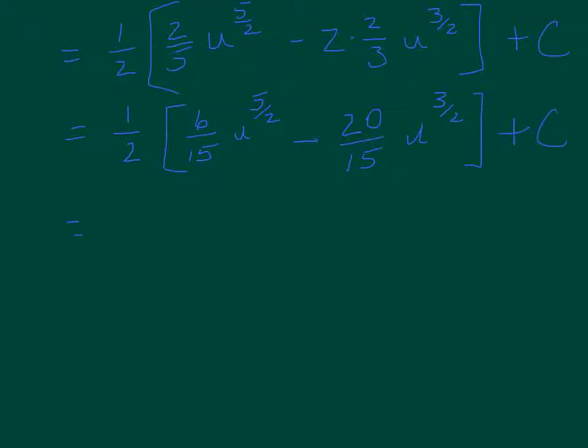Now it's easier to see what's in common. So in common here we will have 2/15 U to the 3/2, that's our GCF, and we're left with 3U minus 10.